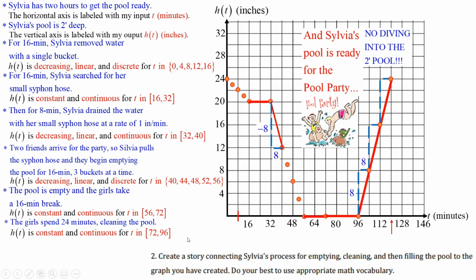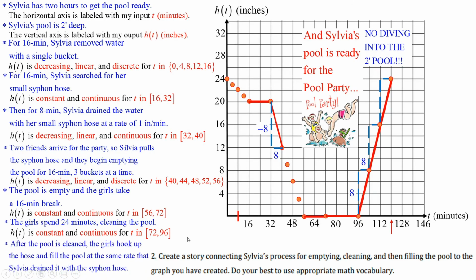Continuous. All right. After the pool is clean, the girls hook up the hose and fill the pool at the same rate that Sylvia drained it with the siphon hose. And that's where we had this positive slope of 1. So let's talk about that part of the graph. All right. Now, for the first time, we are what? We're increasing now.